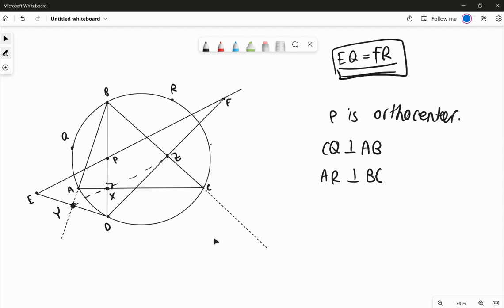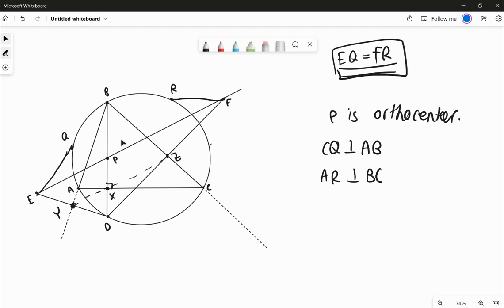One common tactic used for proving that lengths are equal is proving that they're equal to something else. So let's go ahead and draw EQ and FR in. And let's try looking for lengths in this figure that look like they're equal to these two.